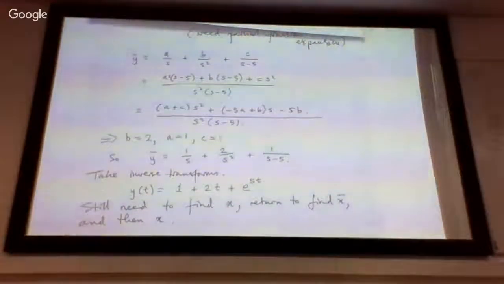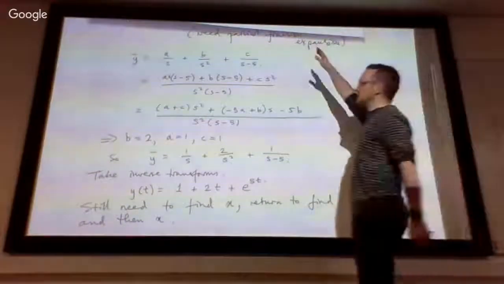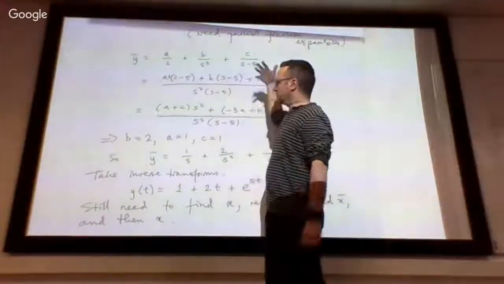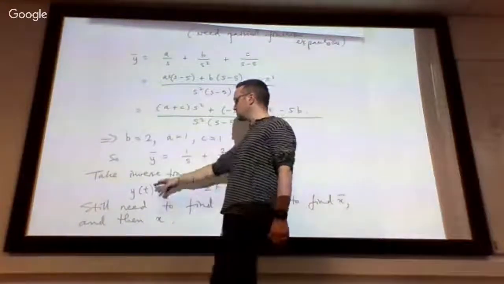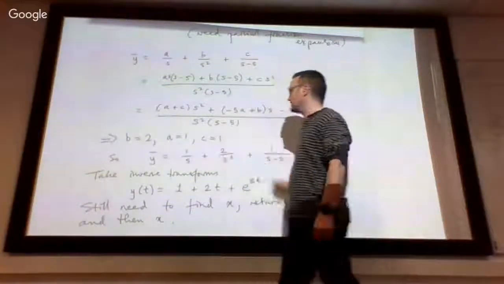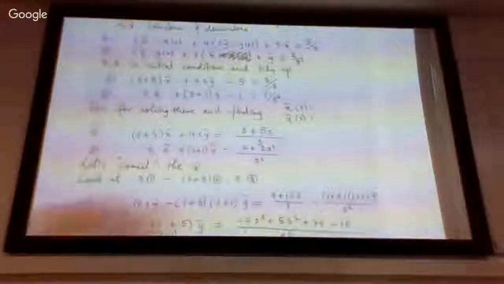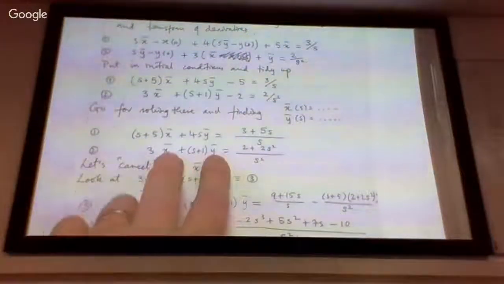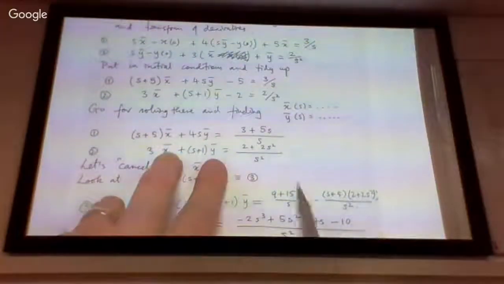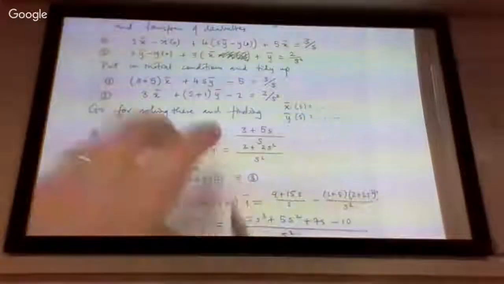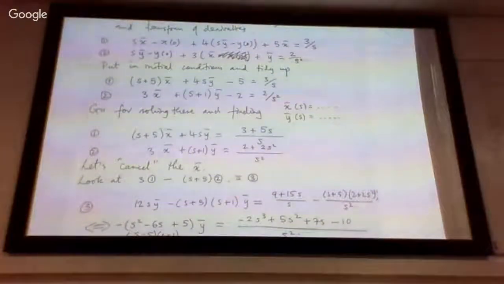That's the general principle. We solved the simultaneous pair of transformed equations. We found the solution to y bar first. In principle, we could go back to one of these two equations featuring x bar and y bar, substitute in our y bar, find the x bar, and invert it.